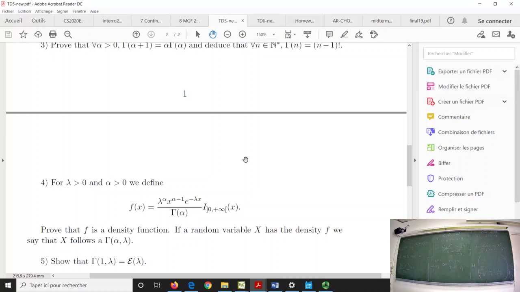Then I have what? For Fy, it's a gamma B1. Okay, so I use this one with lambda equal to 1 and alpha equal to B, and I replace X by S times 1 minus Z. I obtain what? I obtain S(1 minus Z) to the power B minus 1.